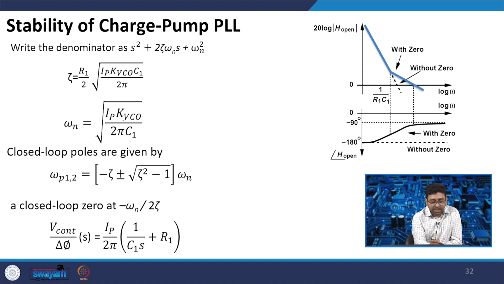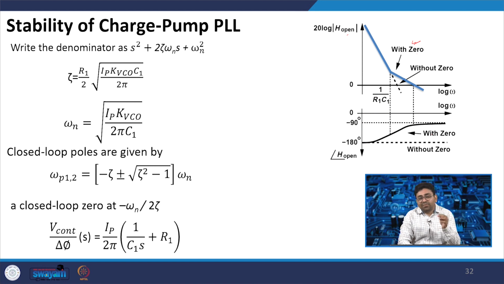If we try to plot the open loop transfer function, the way we plotted it for the type 1 PLL, for the type 2 PLL there is a zero which is added because of R1 and C1. Without the zero it will look like this, where it will be constant around minus 180, but with the zero the phase margin increases, and that will help improve the stability of the circuit.